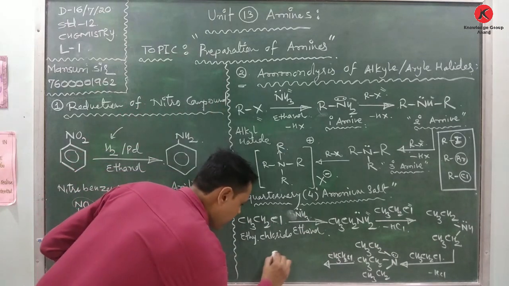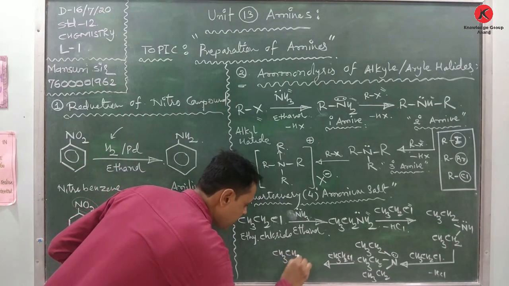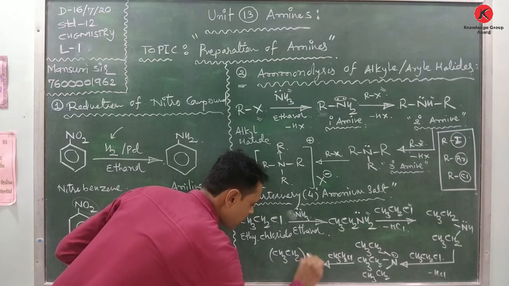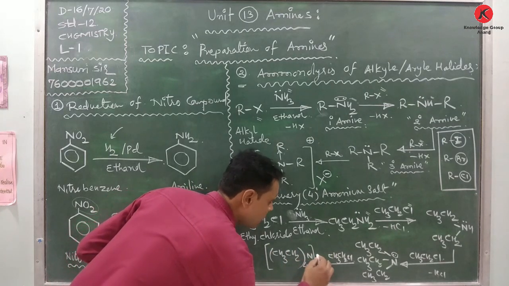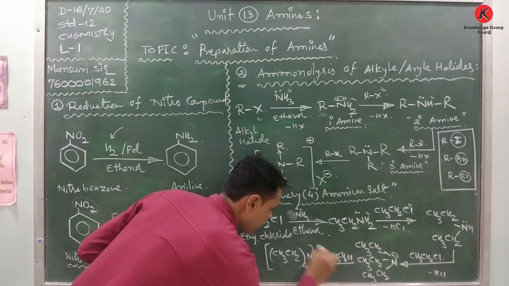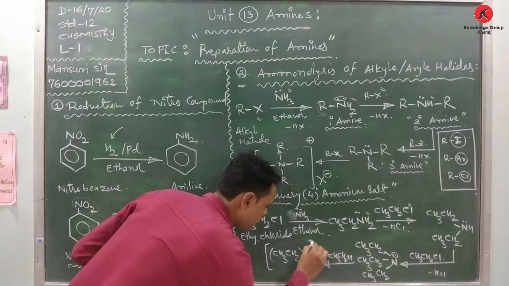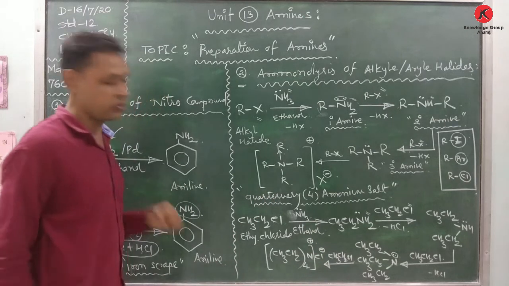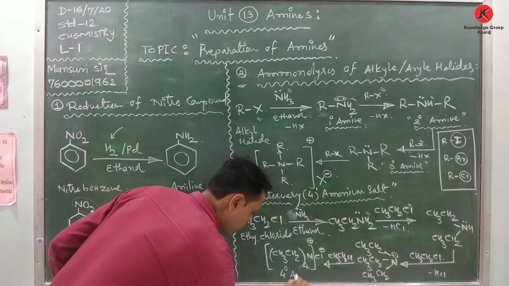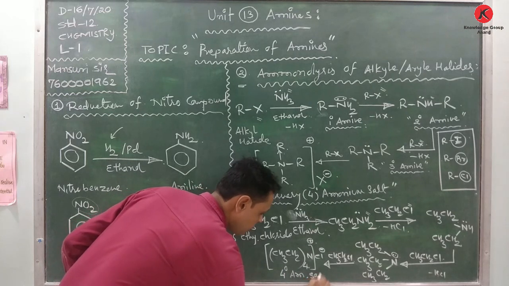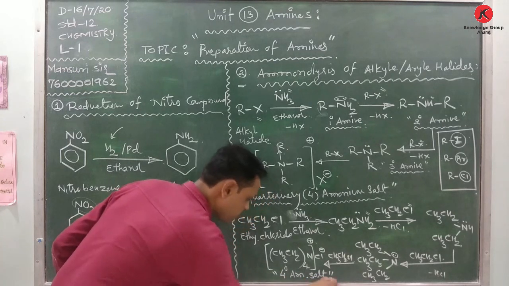So we can have CH3CH2 4 times on N, and outside of this bracket we can use Cl minus as a negative charge and N is having positive charge. So this is my 4 degree ammonium salt.